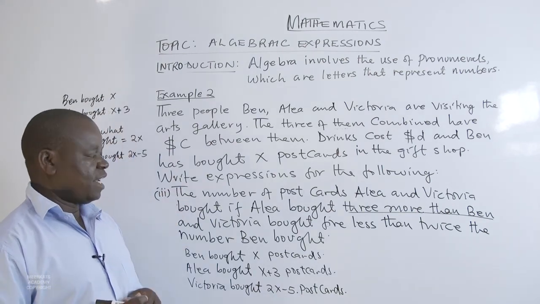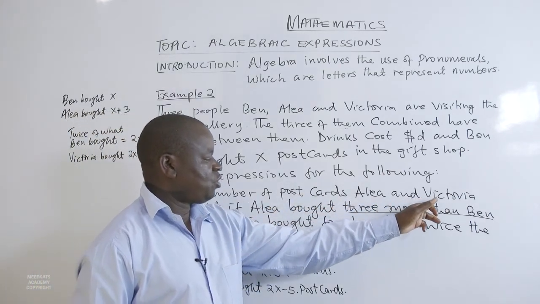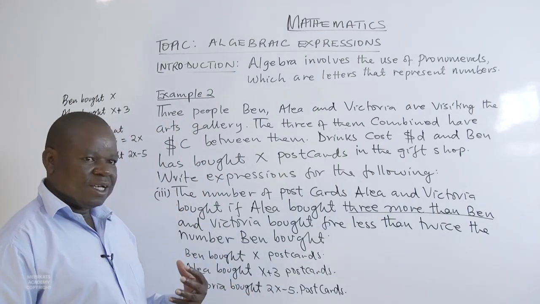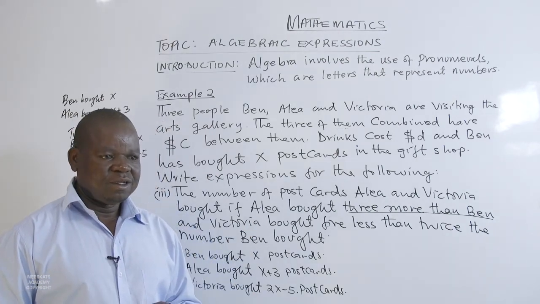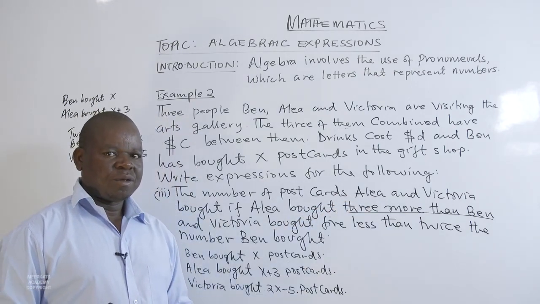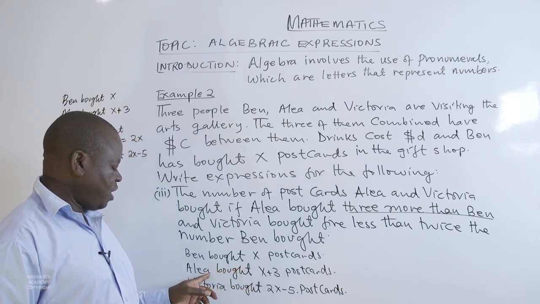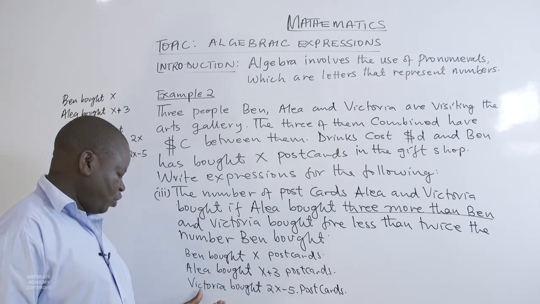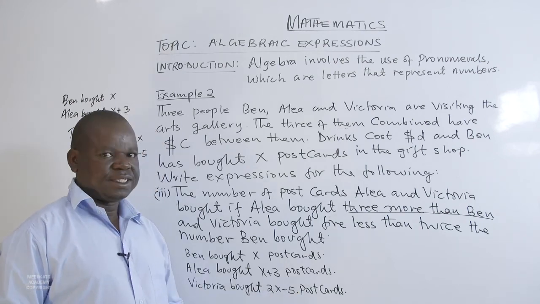But look at this statement, class. The number of postcards Alea and Victoria bought. What do we do here? Do we add or do we just leave it the way it is? It is Alea and Victoria. Now, we have simplified what Alea bought, which is x plus 3 postcards, and what Victoria bought, which is 2x minus 5 postcards.